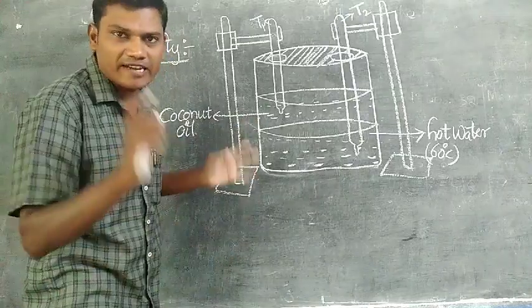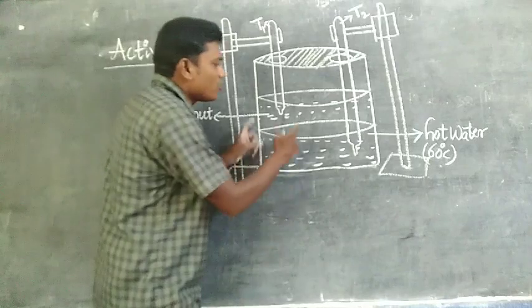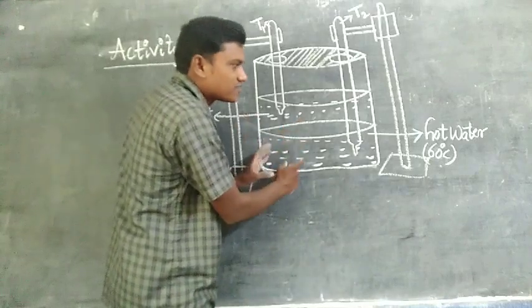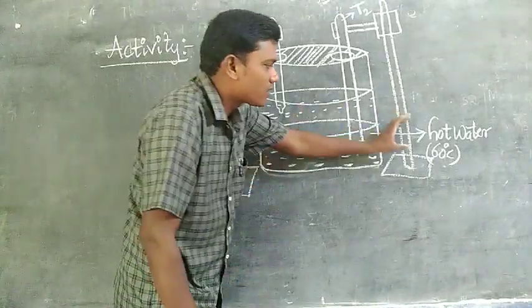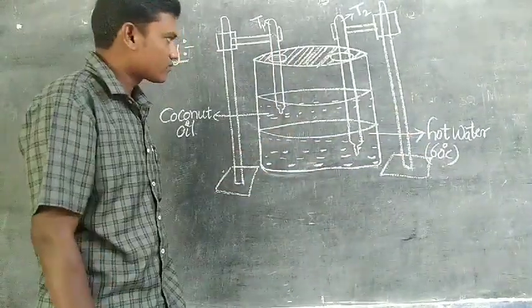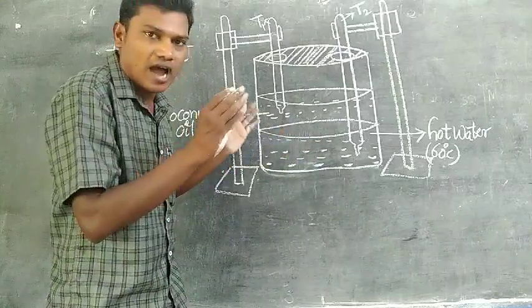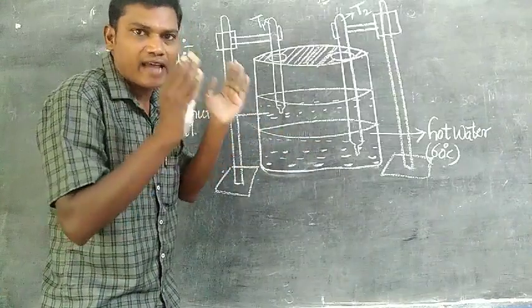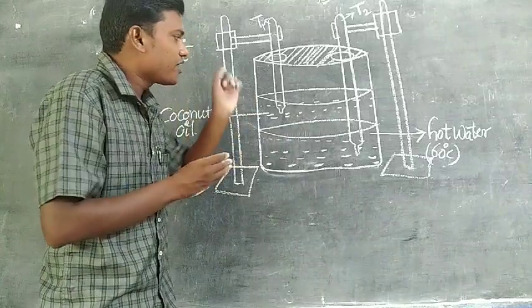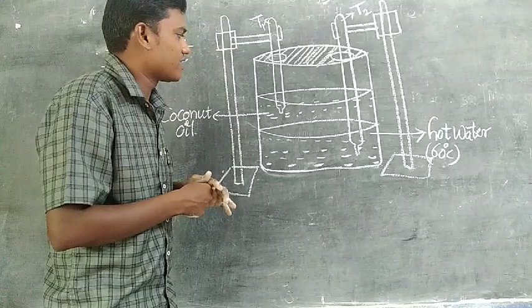First of all, we take a large beaker or container. Initially the beaker is filled with hot water of 60 degrees Celsius up to a certain level. Now we take some amount of coconut oil and carefully drop it into the beaker.